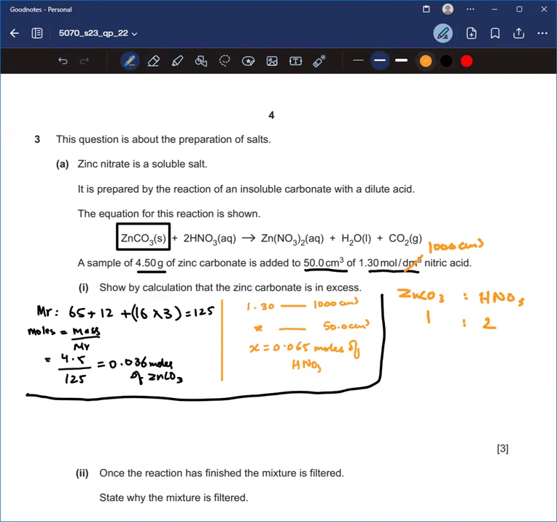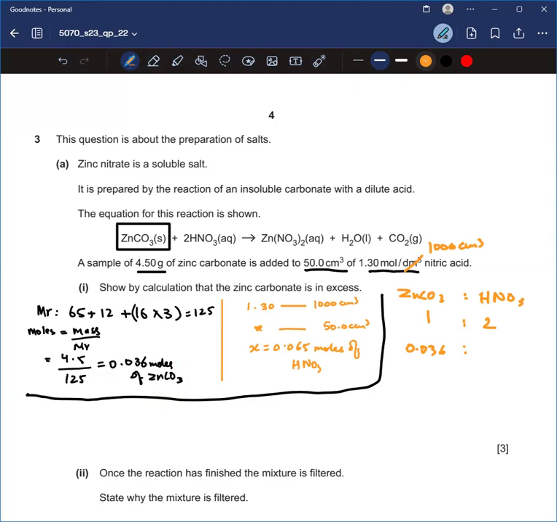So if one is 0.036, and it's in a 1:2 ratio, how many moles of HNO3 do we require?